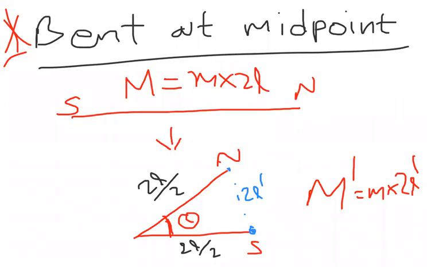If you know the relation between 2L dash and 2L, then we can get the new magnetic moment M dash. Our target is finding M dash. So to find M dash, we have to get the relation between 2L dash and 2L. Let us check it out.